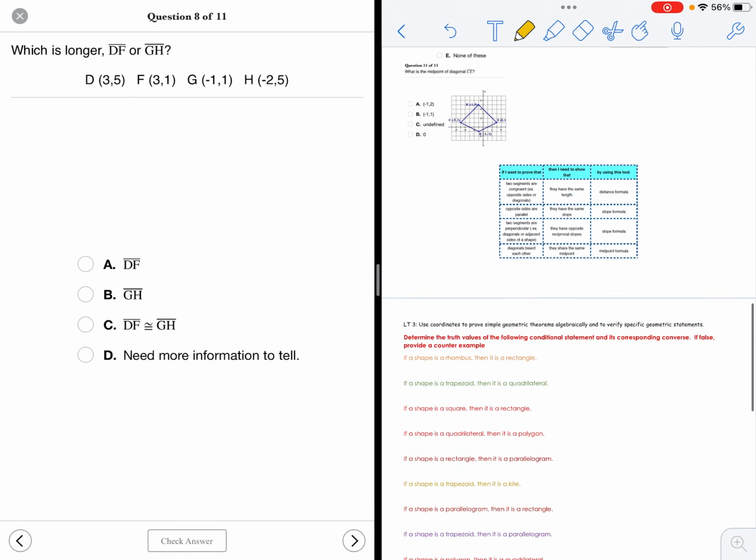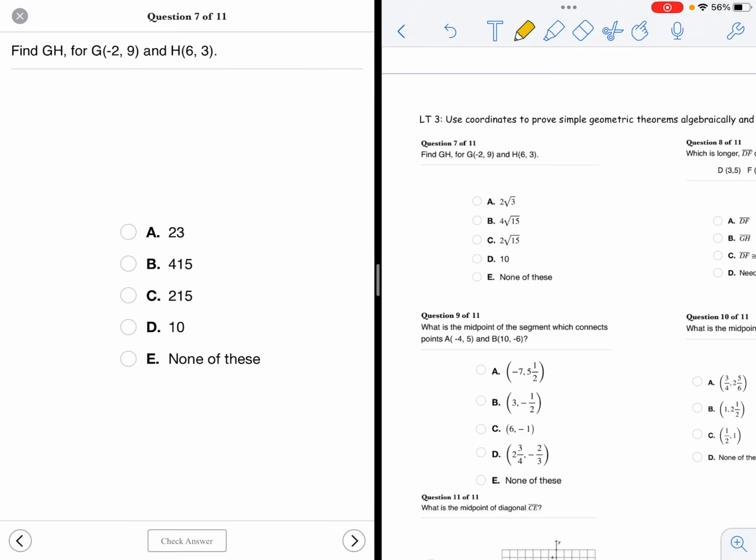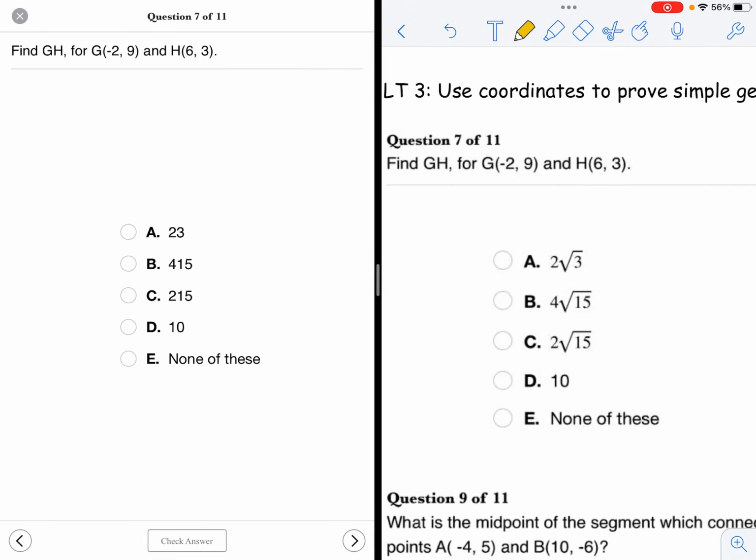We're going to find GH right here. I missed a problem. So again, just quickly plugging this into the distance formula. Negative 2 minus 6 squared plus 9 minus 3 squared.